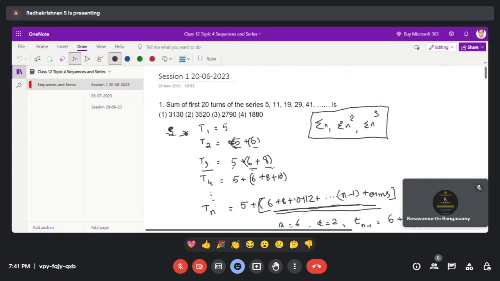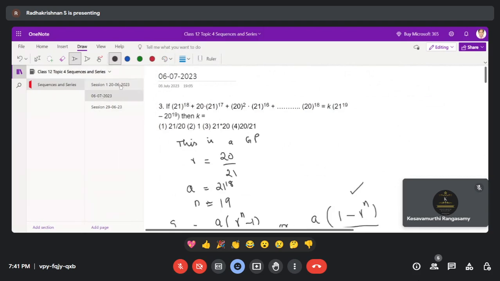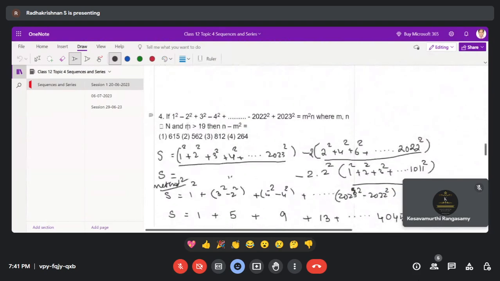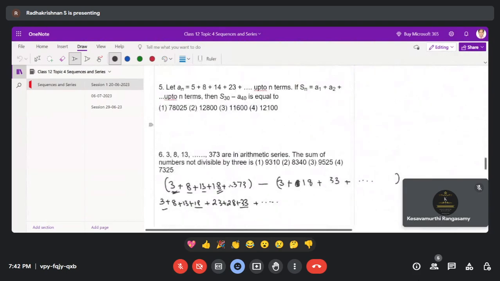Okay. So problems in IIT, generally they are of this nature. So let's go to the next problem. I think we solved now 3, 5, 6.